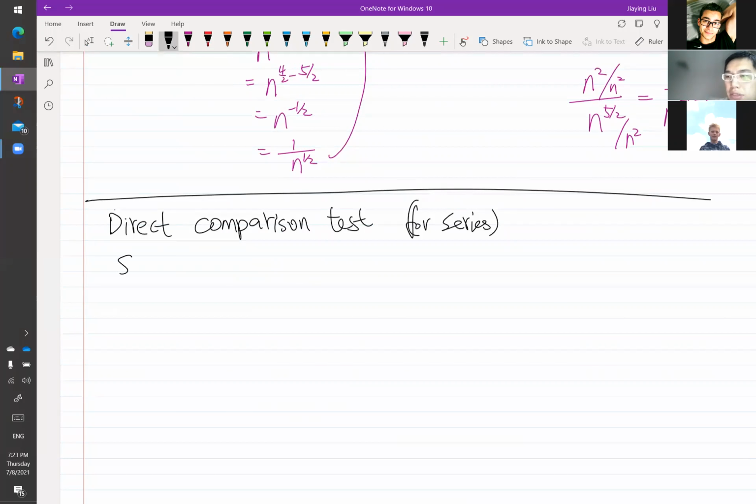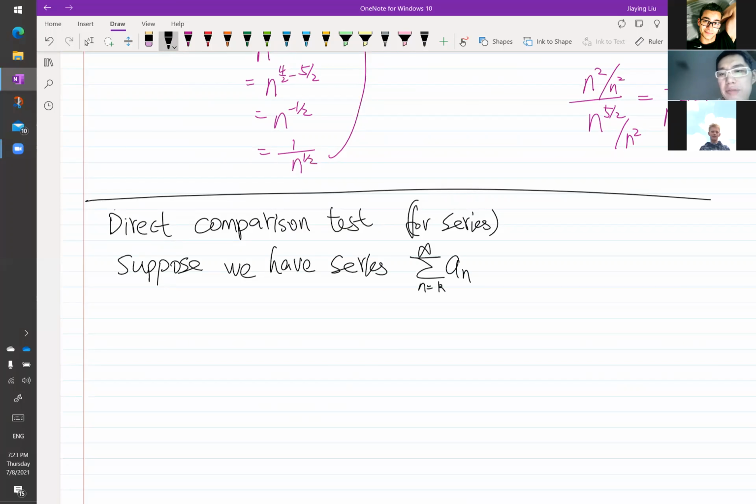So suppose we have series, the sum of an and the sum of bn, n going from 1 to infinity, or k to infinity for the math, but let's just make it 1 to keep it simple.